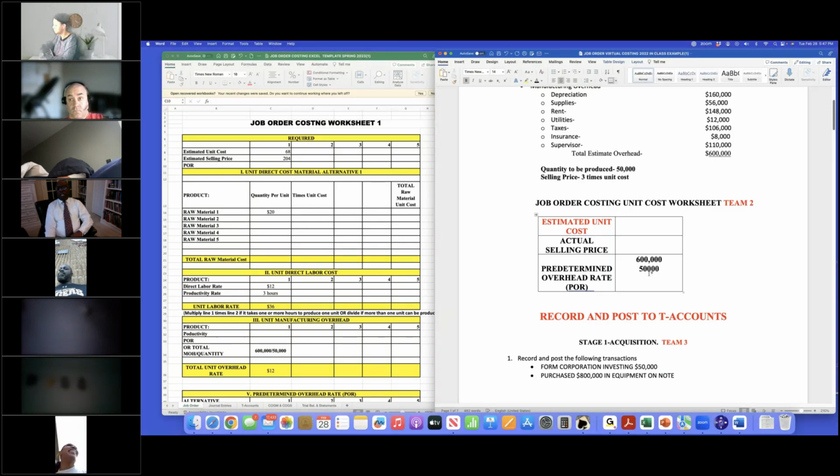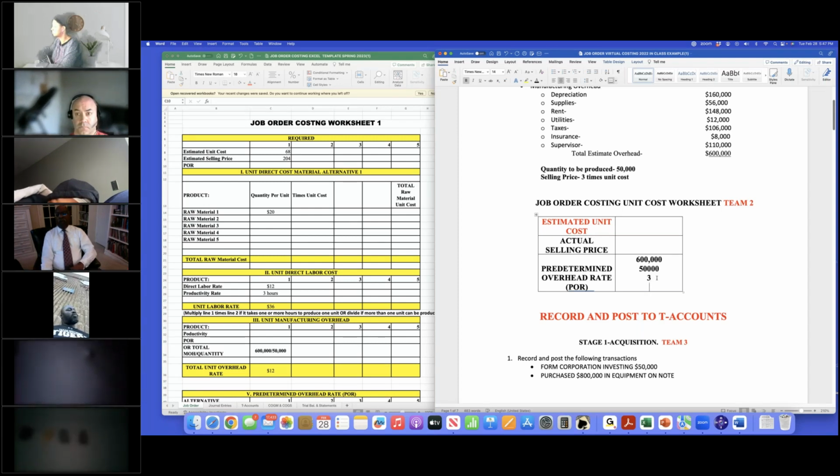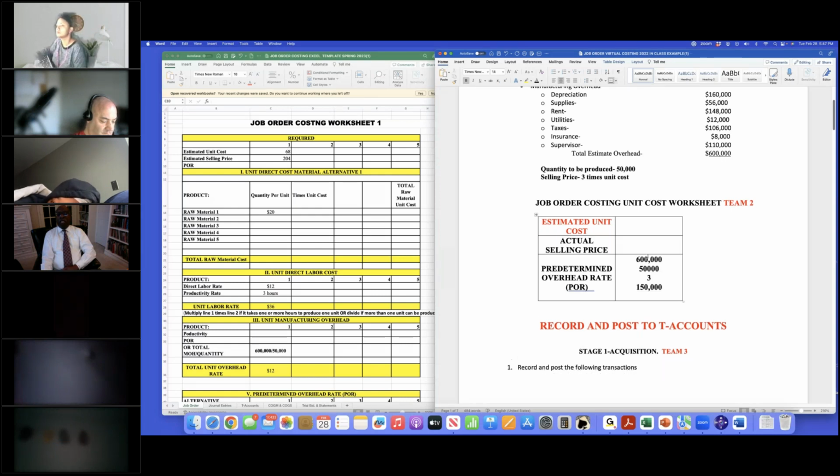So if it takes 3 hours to make one, then it's going to take 3 times 50,000, 150,000 hours to make 50,000. Then our POR is always total overhead divided by total hours. 600,000 divided by 150,000 gives us 4. Any questions on that? Can everybody calculate it?